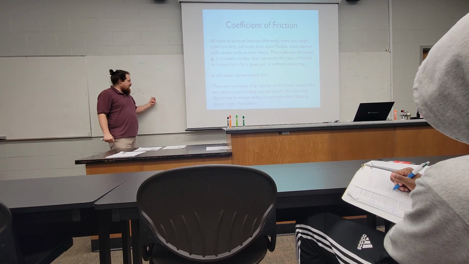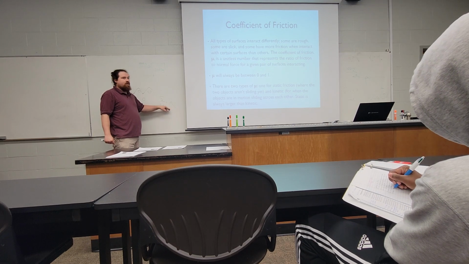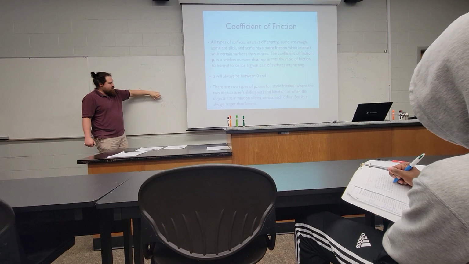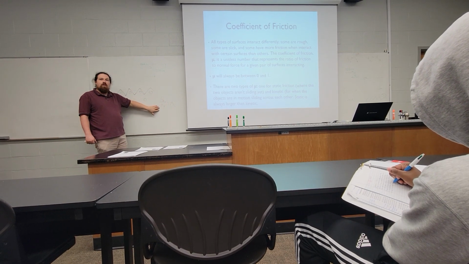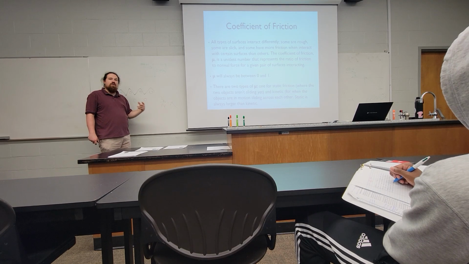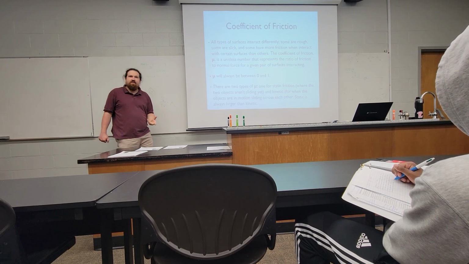But the higher that mu gets, going from like 0.1 up to 0.3 and so on until you reach number 1, you get more and more friction for however much normal force is applied. And so a mu of like 0.4 would represent most things against dirt surfaces.